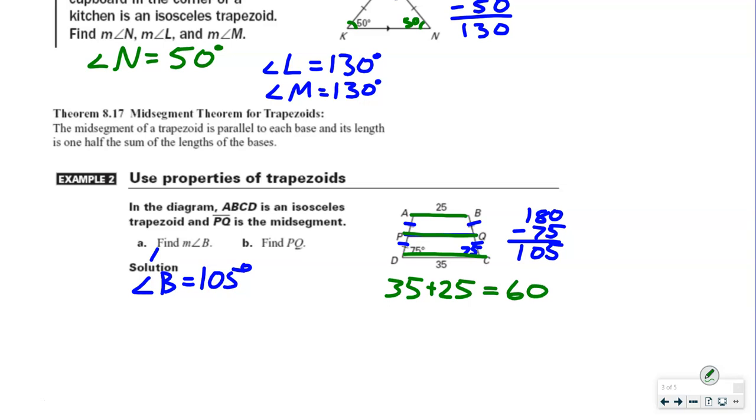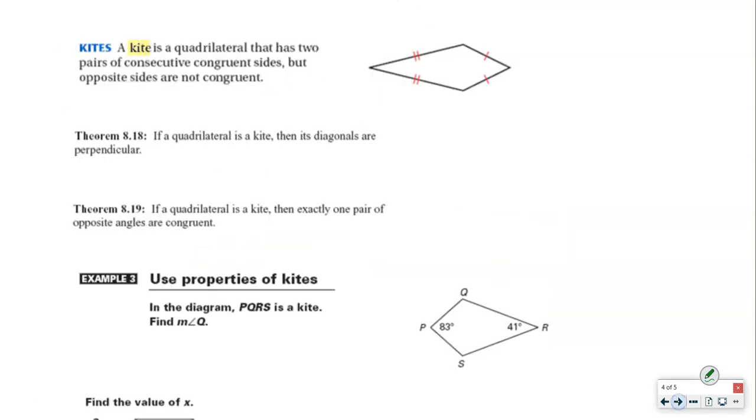And then I will divide by 2. So PQ is 30. PQ is 30 and angle B is 105. Notice for that mid-segment, you're just finding the average of the two lengths of the bases.